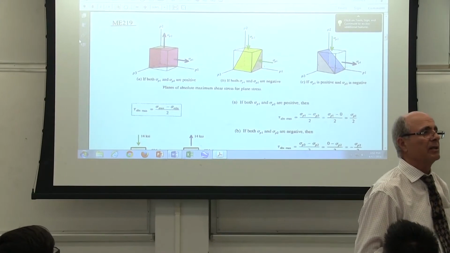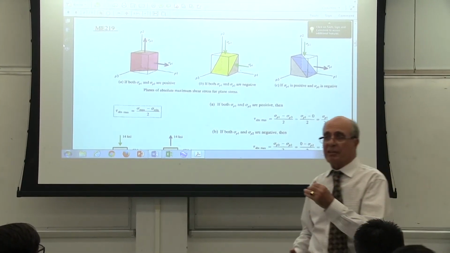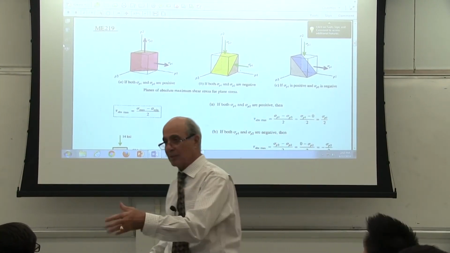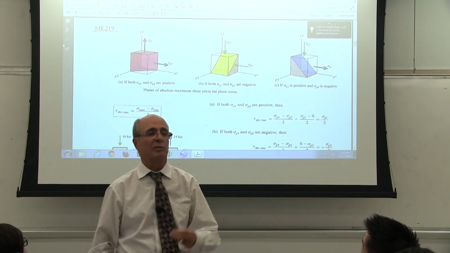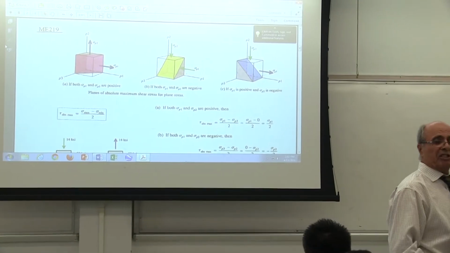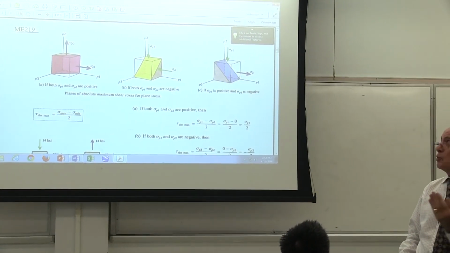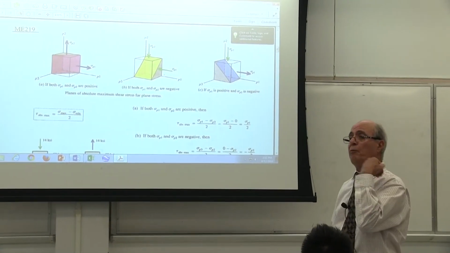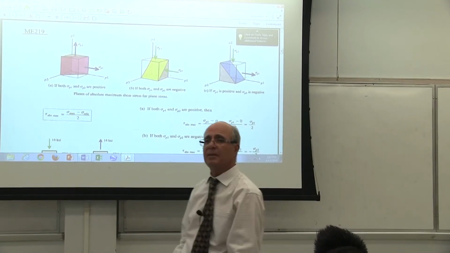Is that correct or not? The direction of the cracks, which is the direction of principal stresses and maximum shear, will tell them two things. One, whether this is a shear crack or a tension or compression crack. And then you can backtrack to see what kind of forces cause that kind of damage.